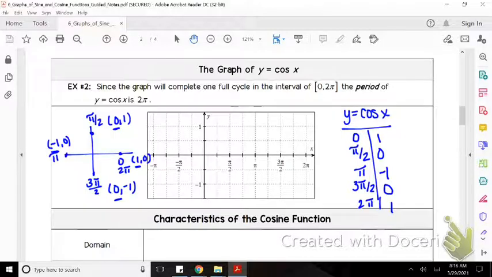And so that's going to be our parent table for cosine. So when we graph this, okay, it looks something like this. And again, it's repetitive. It keeps going and it repeats.